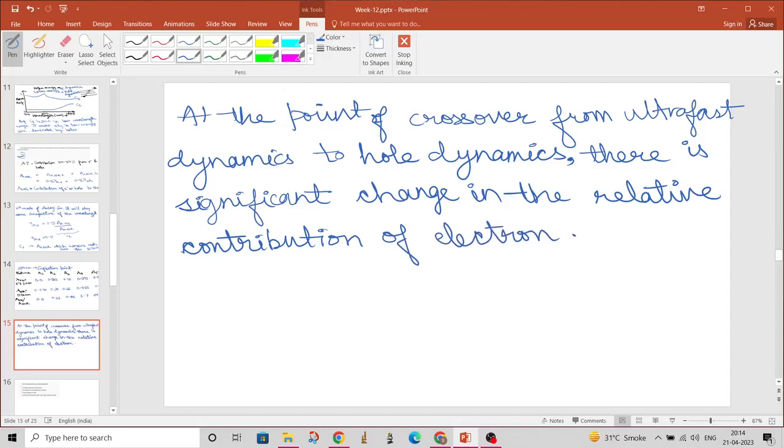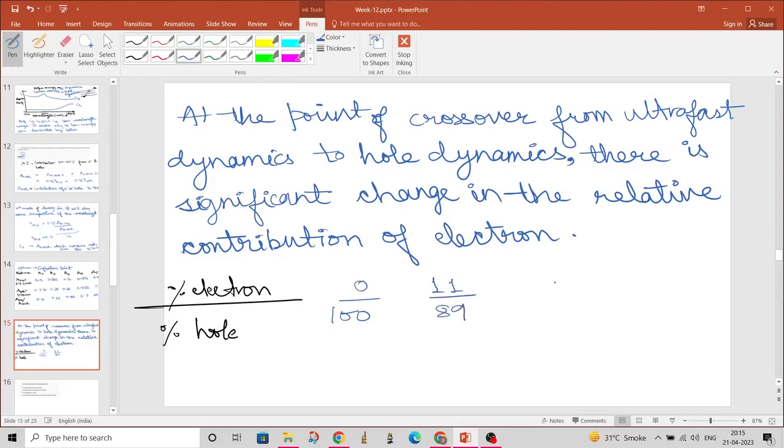So if I write the percentage contribution of electron, for all the 5 components, the first one will be 0 by 100, second will be 11 by 89, 23 by 77, 85 by 15, 100 by 0.